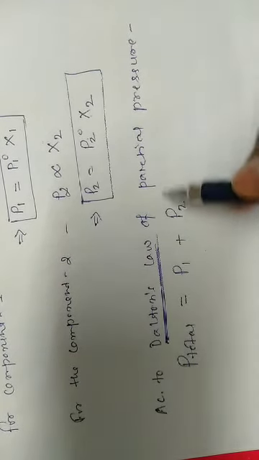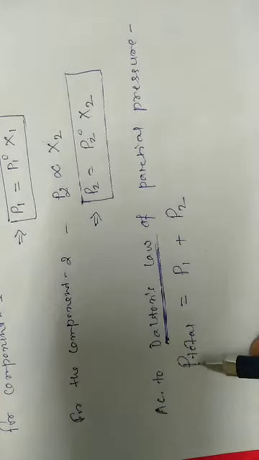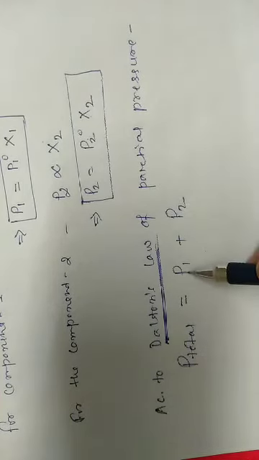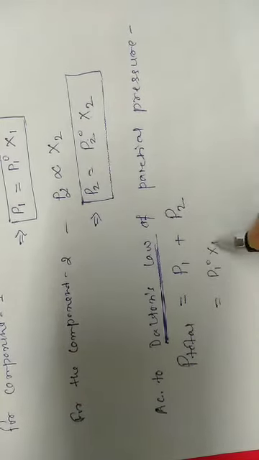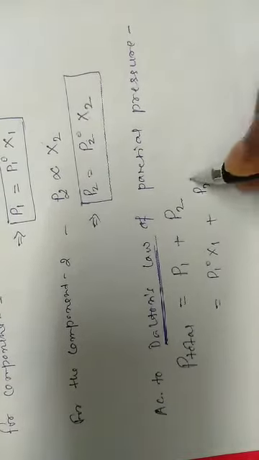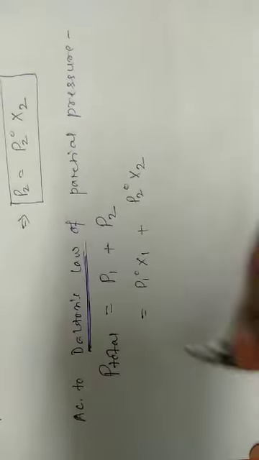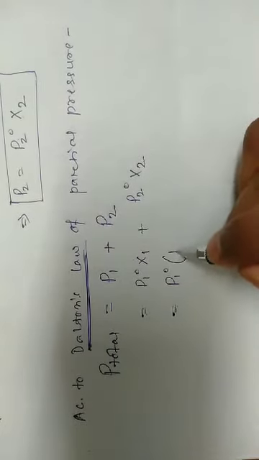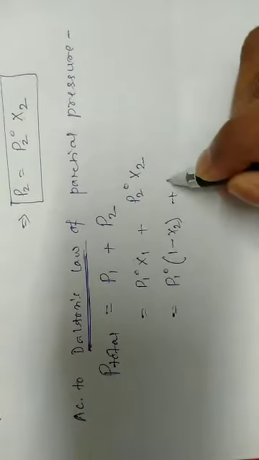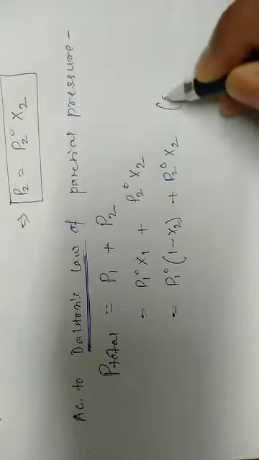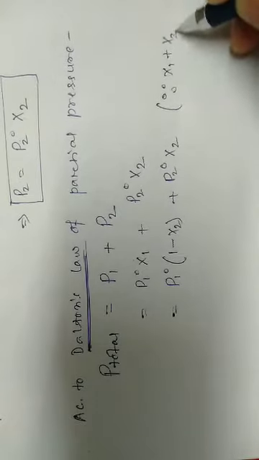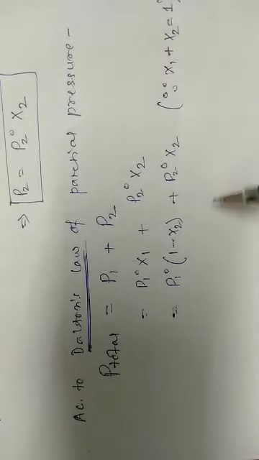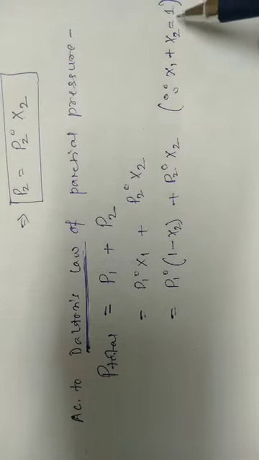So P1 equals P1 naught X1 and P2 equals P2 naught X2. Now in place of X1 we can put 1 minus X2, since X1 plus X2 equals 1. If X1 plus X2 equals 1, then X1 equals 1 minus X2.